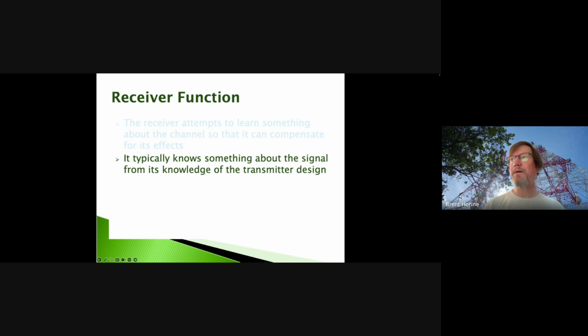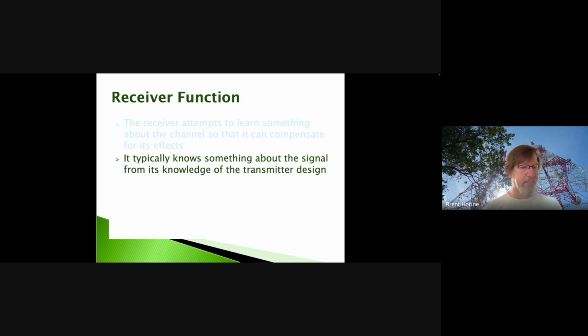It typically knows something about the signal from the knowledge of the transmitter design. Normally, when we design a communication system, we're designing a transmitter and a receiver. In a lot of cases, in standards like the Wi-Fi standard or the 5G standard from the 3GPP standards organization, they standardize the transmitter.